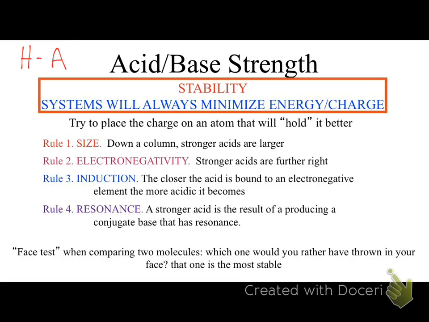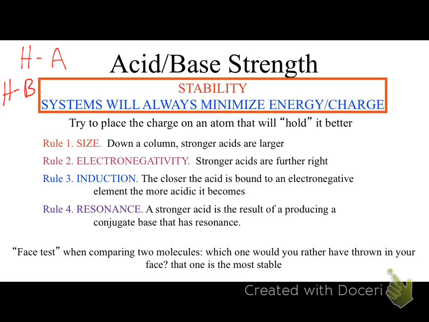Say I compare HA to HB. Hydrogen is always going to be positively charged. Is that ever going to change? Can I ever change the stability of that hydrogen ion? No. So when we're talking about which one is more stable, we're looking for the negative charge.